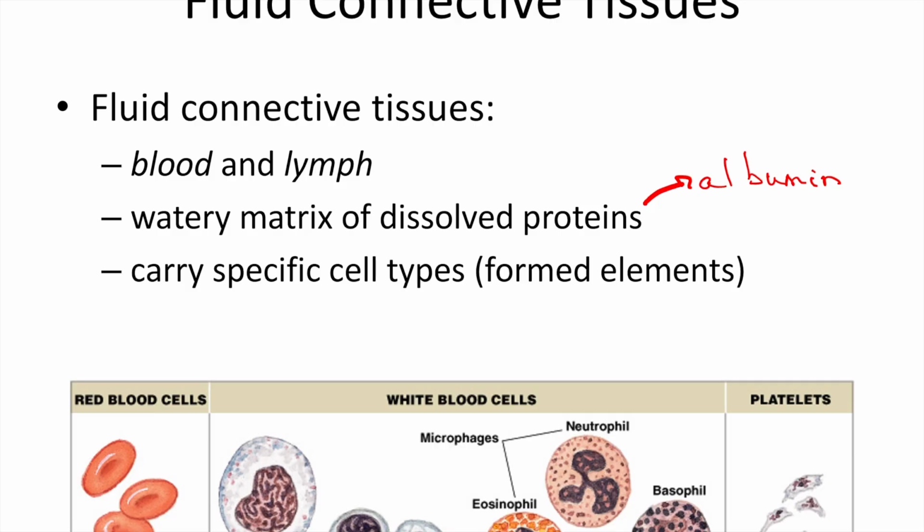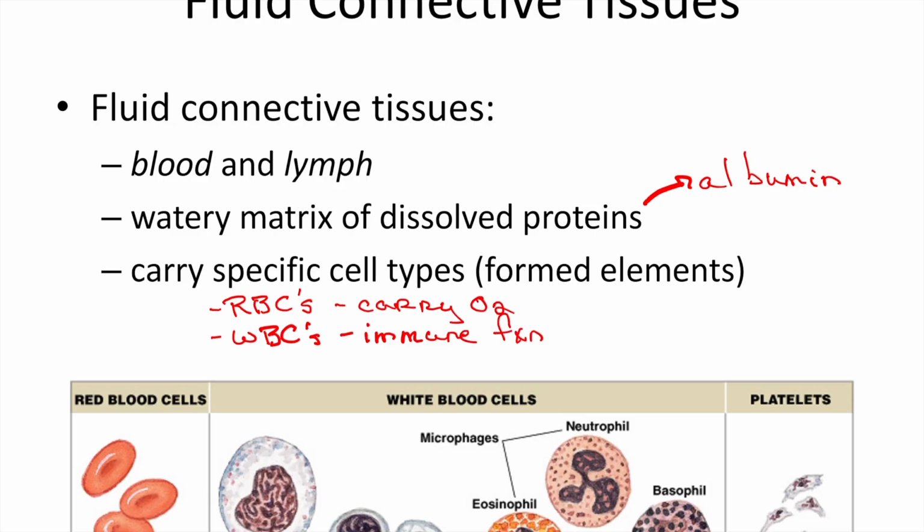You have your red blood cells, which carry oxygen. Your white blood cells, which have immune functions. And platelets, which are important for clotting.